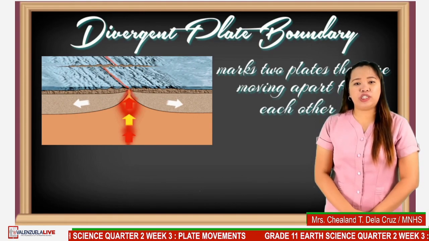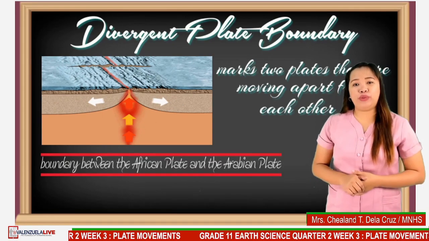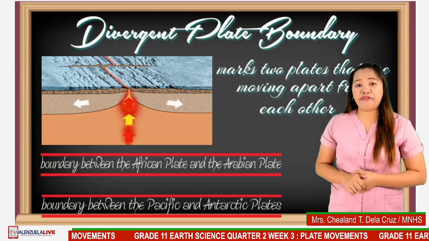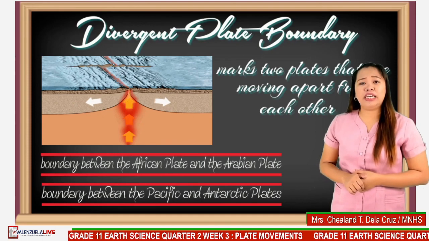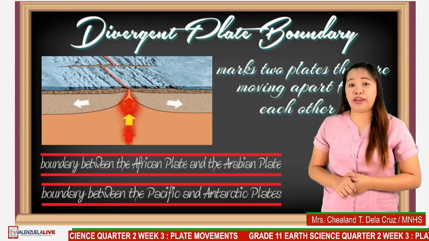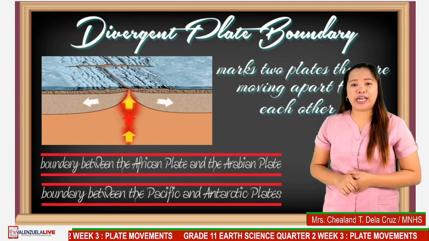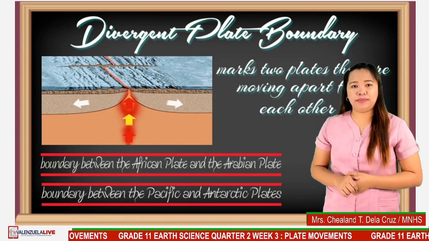Examples of areas where this type of boundary can be found are the boundary between the Pacific and Antarctic plates and the boundary between the African plate and Arabian plate in the Red Sea. It is even believed that if the plates found in Africa continue to diverge, millions of years from now, Eastern Africa will split from the continent to form a new landmass.